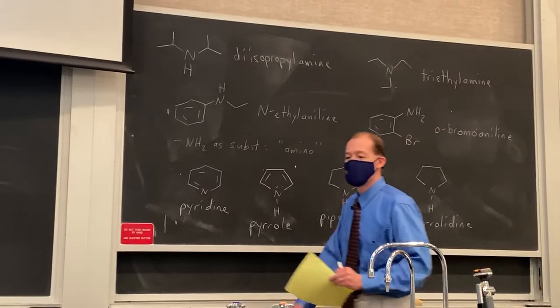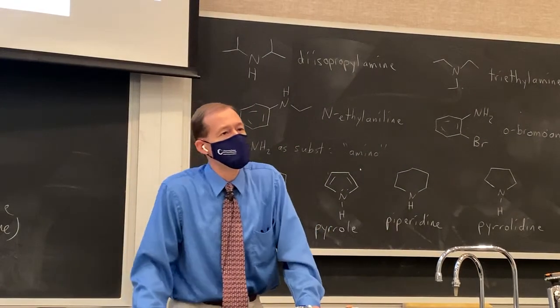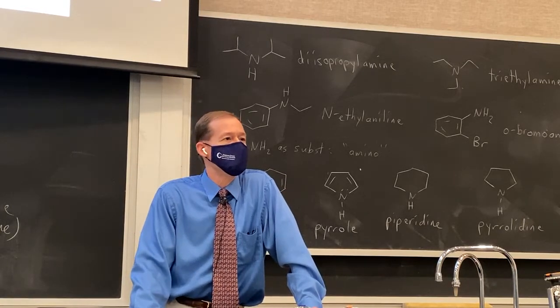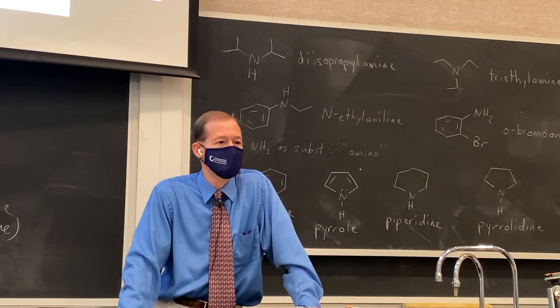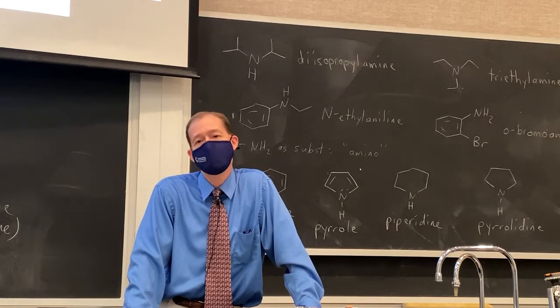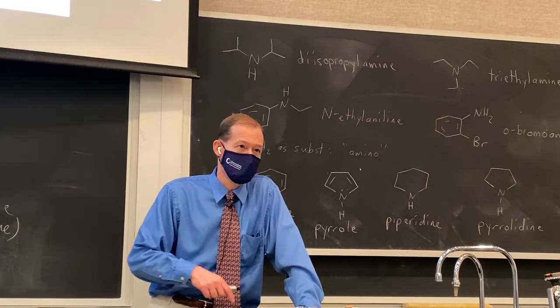Let's talk about spectroscopy now. So what interesting feature of amines in mass spectrometry did we learn about last semester? Trent? Okay. So when you have an odd molecular weight, that indicates that you have an odd number of nitrogen atoms.